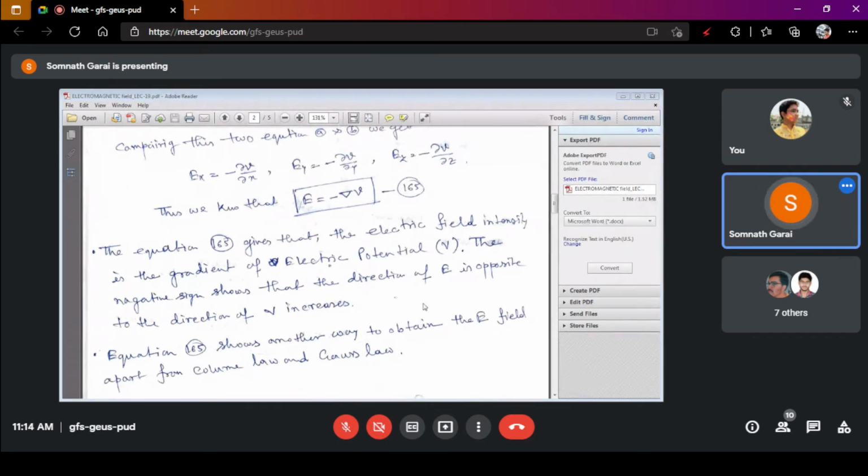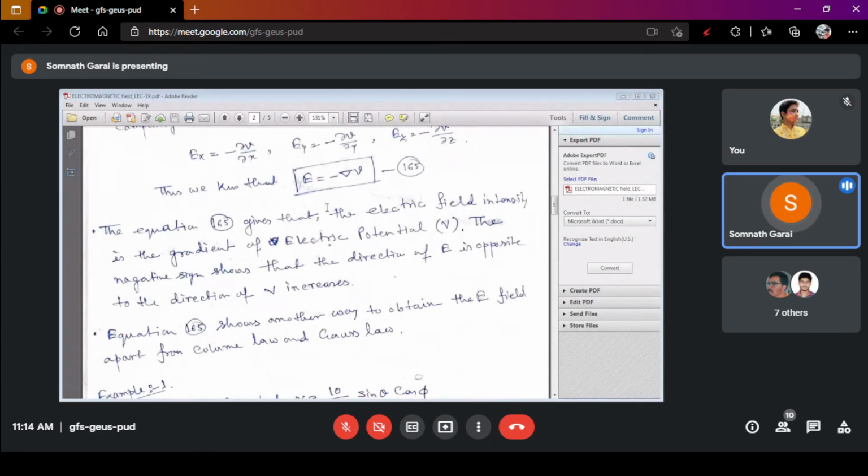Okay, and the specification of this equation 165b is that it is another way of obtaining the electrostatic field intensity apart from Coulomb's law and Gauss law, right?